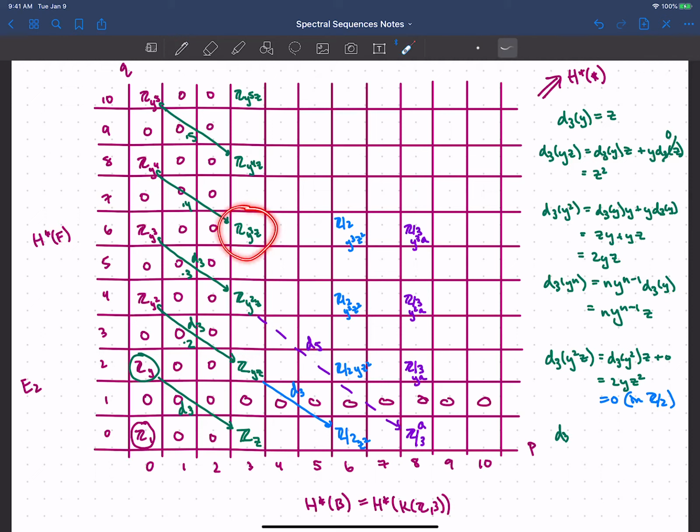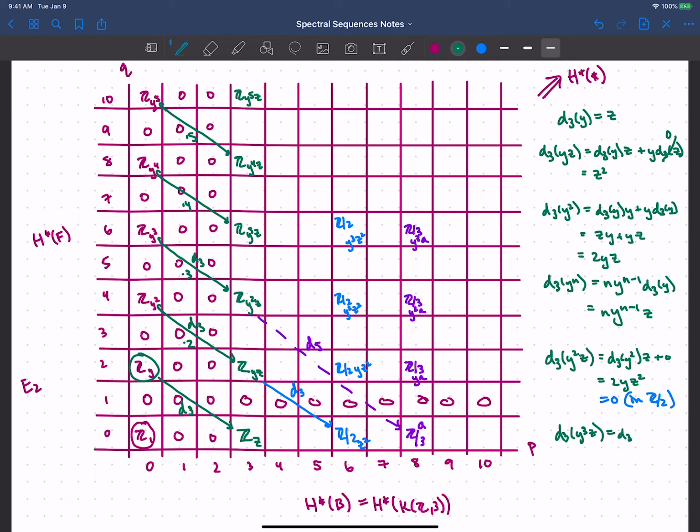So I'm going to look here. We knew this receives a times 4 map, and this isn't even a Z mod 4, so I can't hope that that kills it, but maybe that at least takes care of part of it, and then perhaps there's more. So D3 of that class, y cubed z, well, the same thing that just happened above is going to happen here.